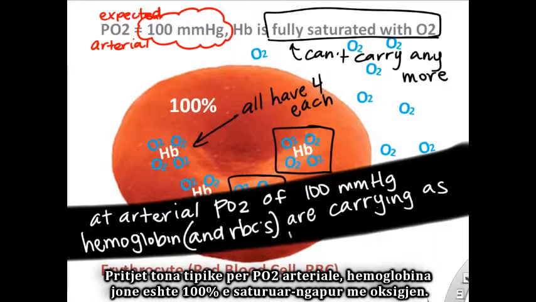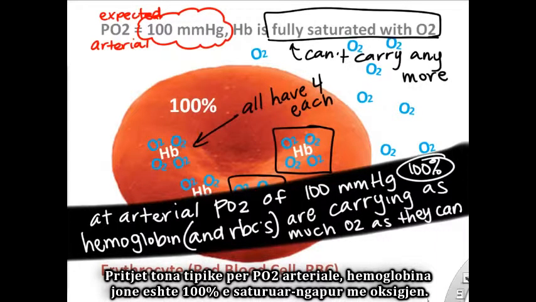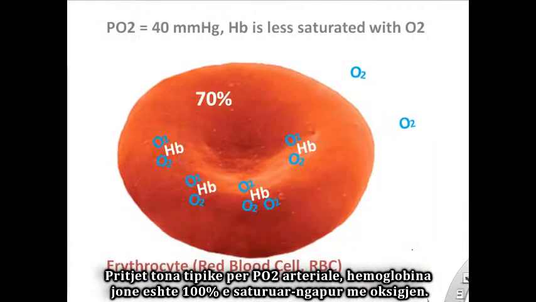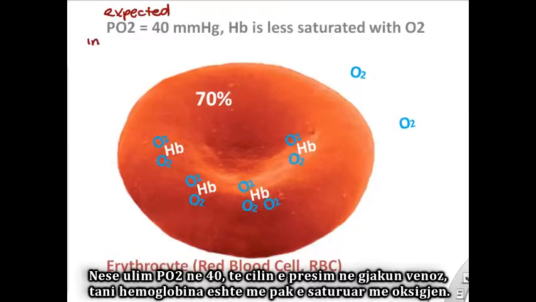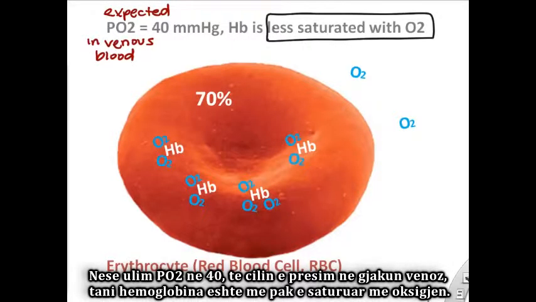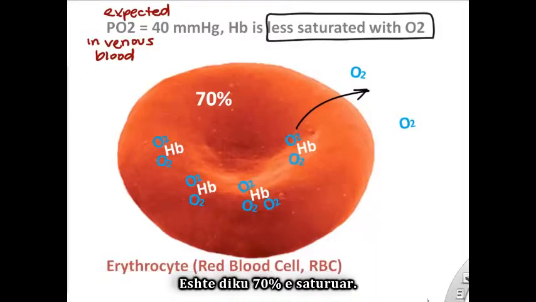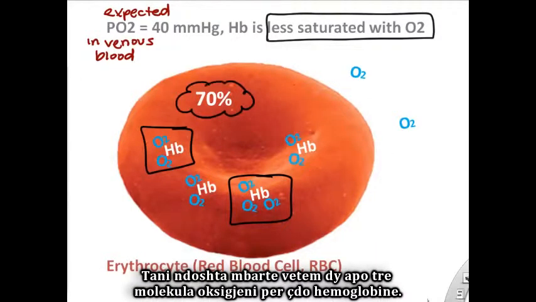So at our typical arterial PO2, our hemoglobin is 100% saturated with oxygen. If we decrease the PO2 to 40, which we expect in venous blood, the hemoglobin is less saturated, only about 70%. So they're only carrying maybe 2 or 3 oxygen molecules per hemoglobin.